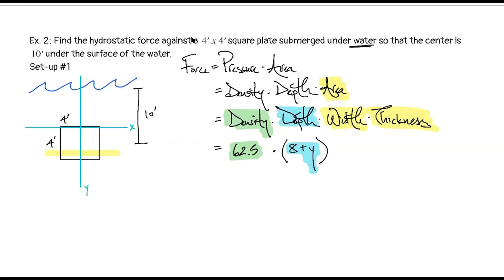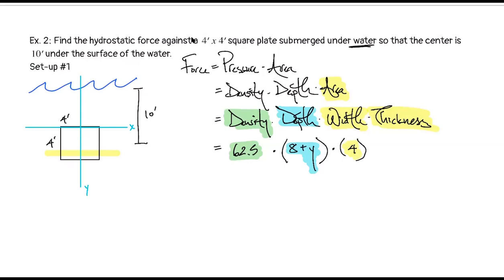Now, what is the width of each rectangular slice that I take? Does it change or is it constant? Constant. Constant, yeah. And what is that width? 4. It is 4, very good. So my width is 4.